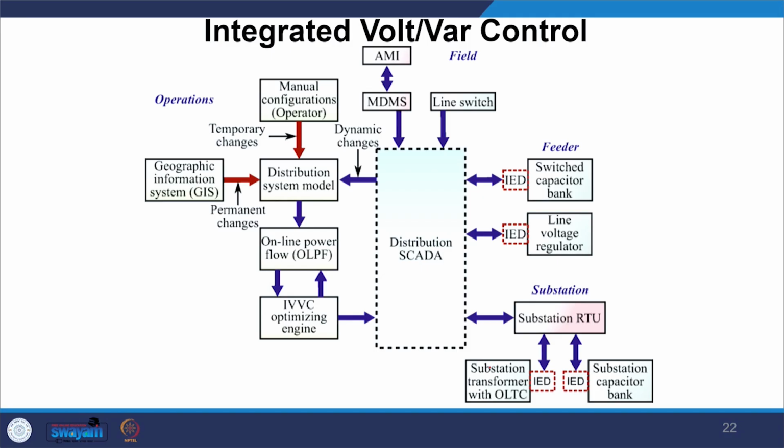Now, if you focus on the arrangement of integrated volt-var control, we can see that the geographic information system, through the distribution system model and input from manual configuration, can be merged into my distribution system model. Further, the inputs may be given to my OLPF after receiving inputs through the IVVC optimizing engine.